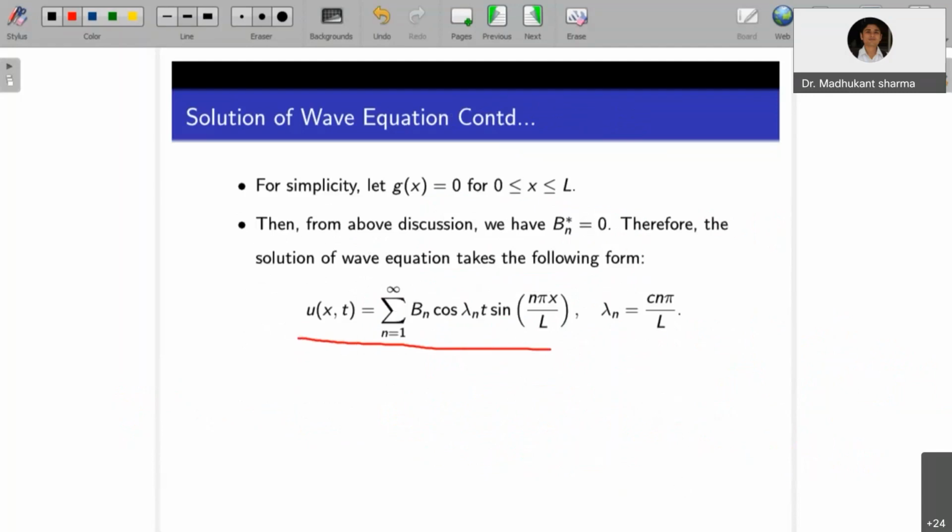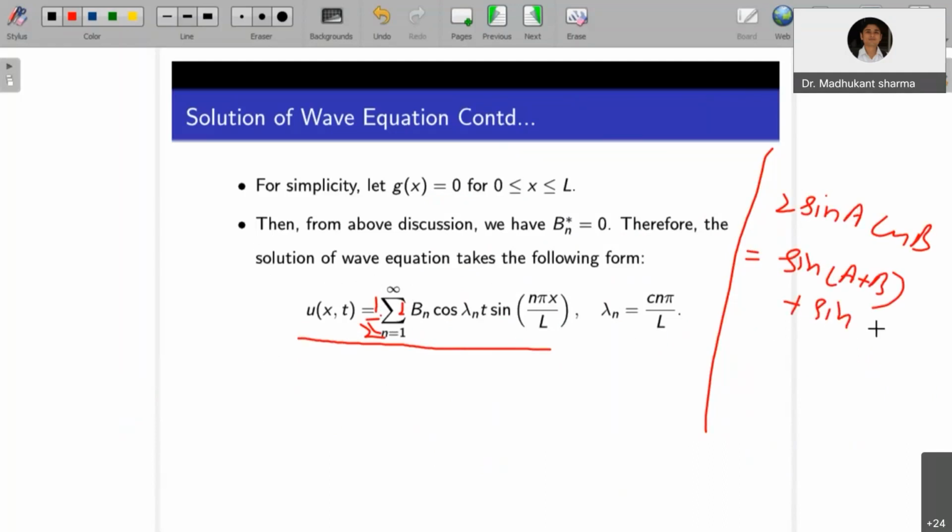Multiply and divide by 2 and use the fact that 2 sine a cos b is equal to sine of a plus b plus sine of a minus b. Use that fact.